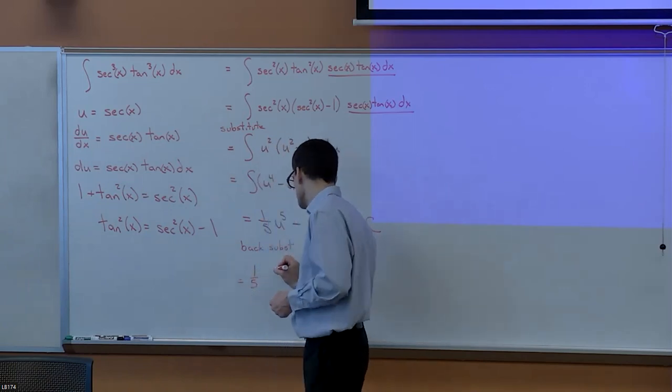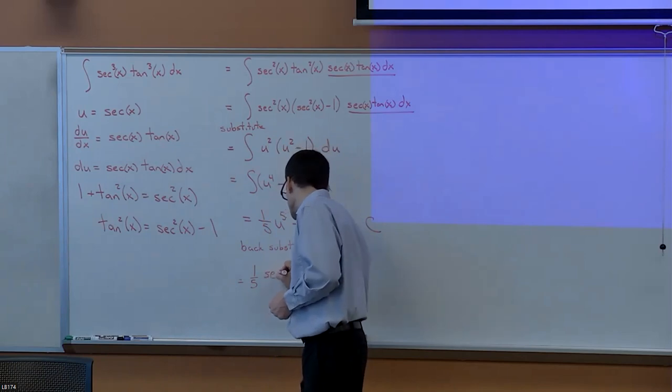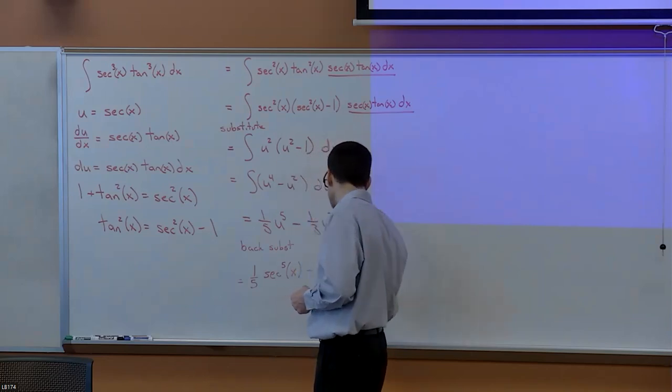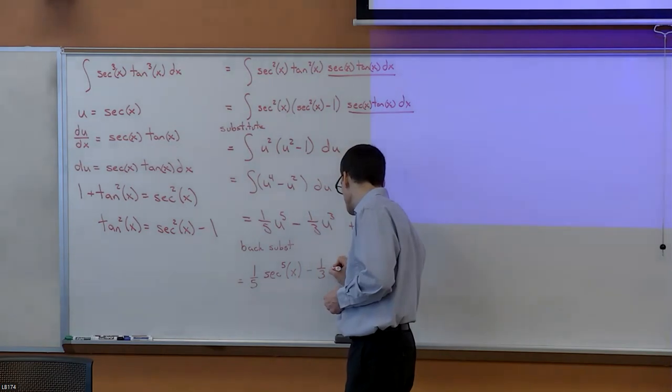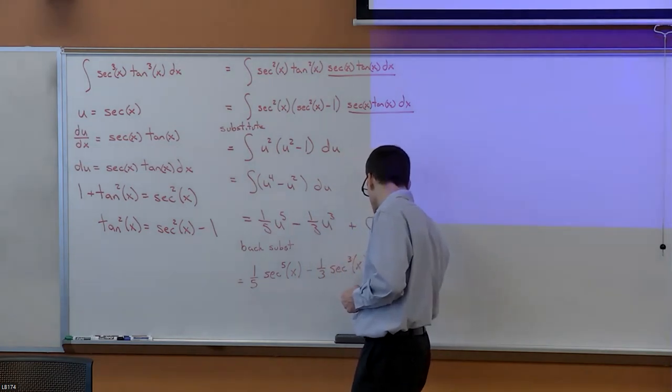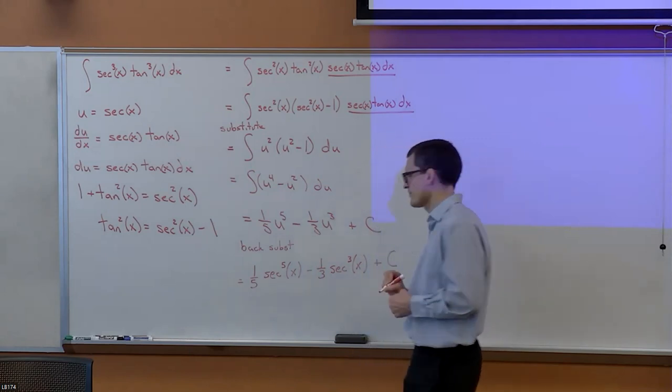U is secant, so 1/5 secant to the 5th power, minus 1/3 secant to the 3rd power, plus my constant.